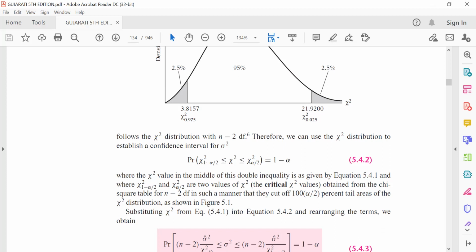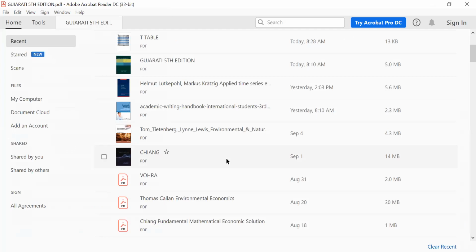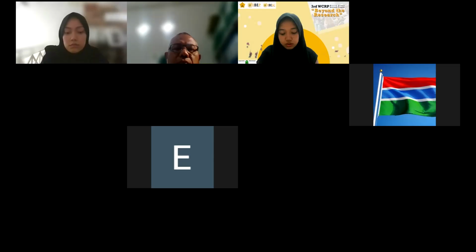I will show you the chi-square table here.